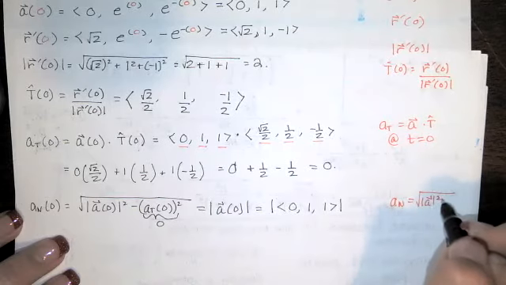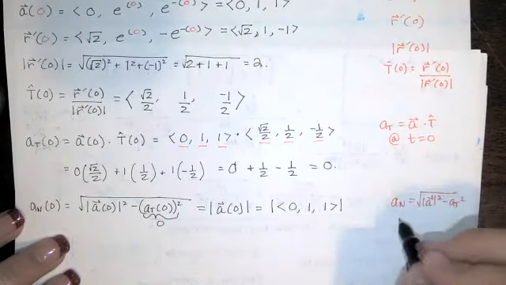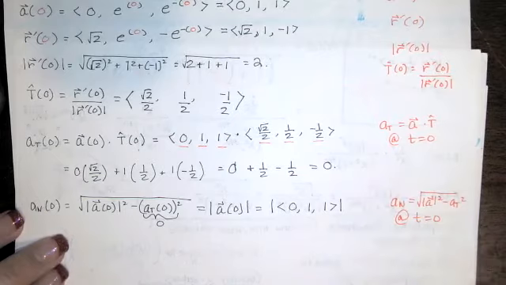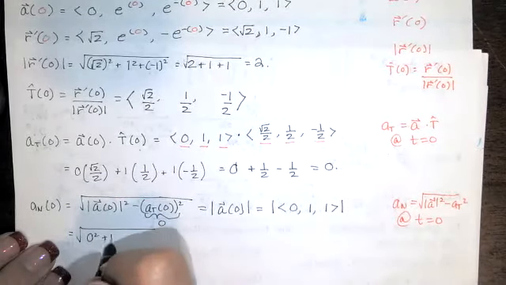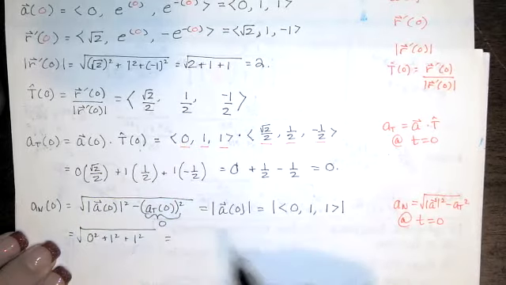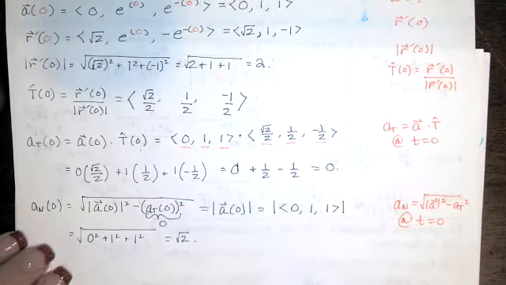So we'll just find the magnitude of that now. Take the components, square them and add them, and take the square root. 1 plus 1 is 2, so we've got the square root of 2 there.